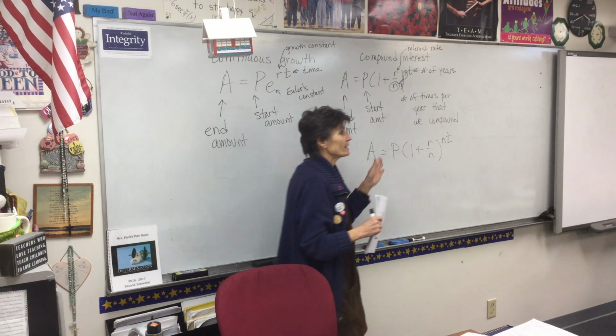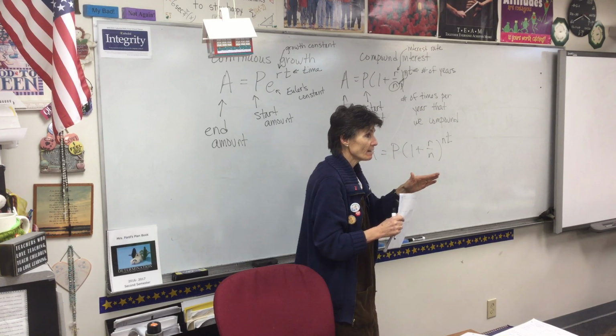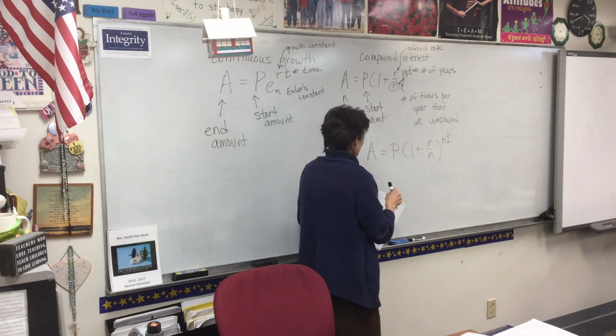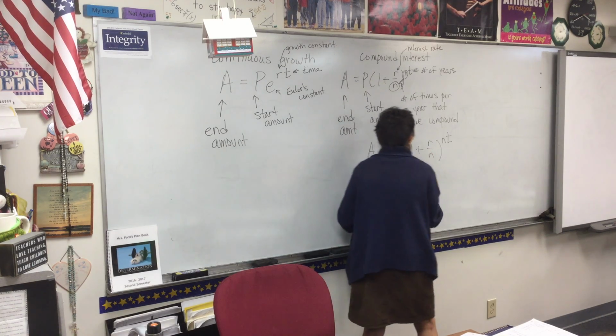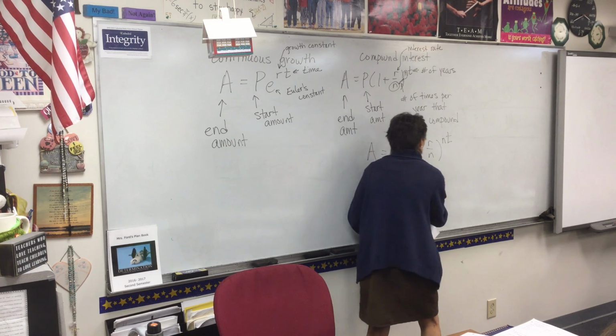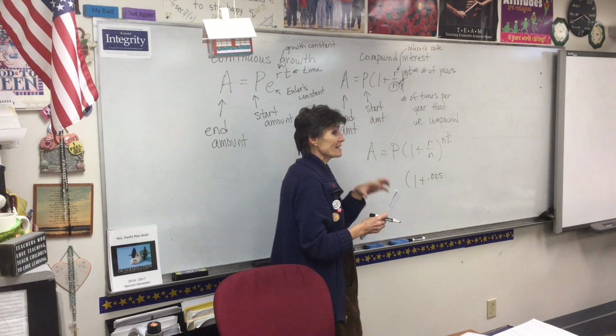Now let's plug in everything we know. Okay? So tell me some stuff that we know. The R value is what? 2.5. It's 0.025. Remember, it's a percentage.